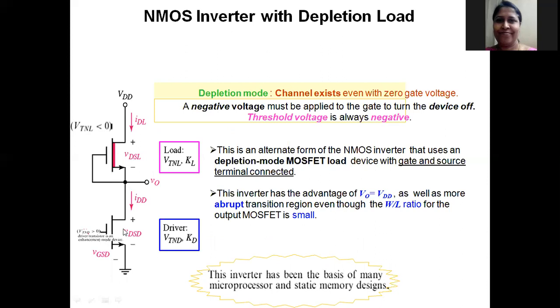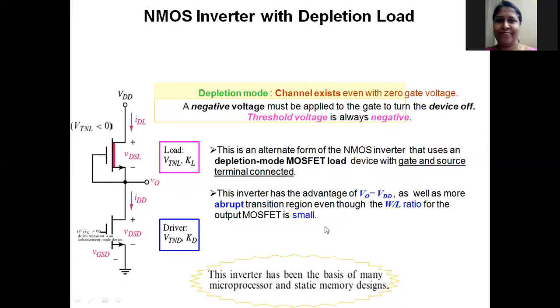The driver portion is made of an N MOSFET, and in the load portion you have an N MOSFET but of depletion type. To the gate of this enhancement N MOSFET, we apply the input voltage, and the gate of the depletion device is connected to the source. They are shorted, so VGS of this depletion device is equal to 0.